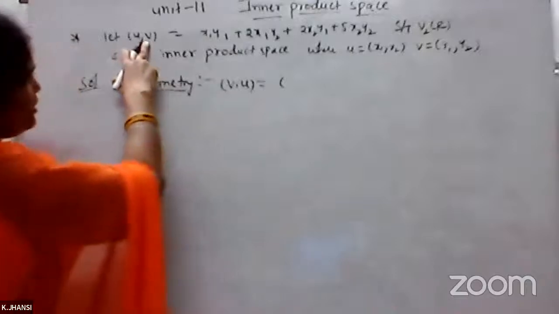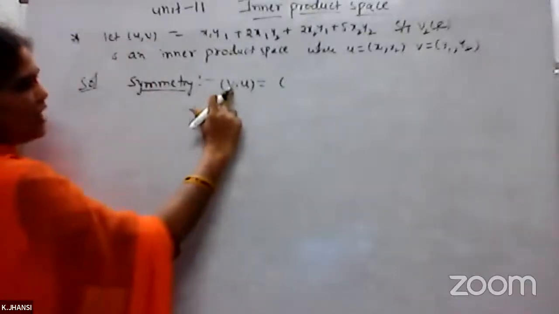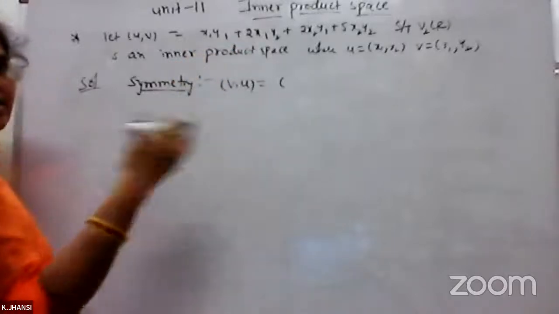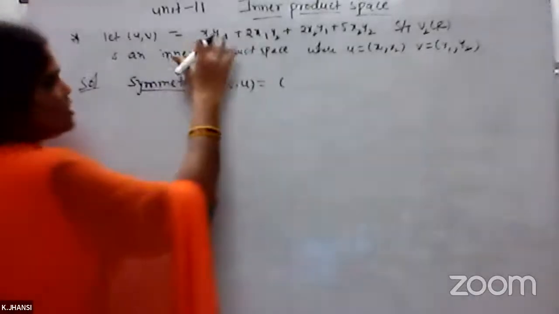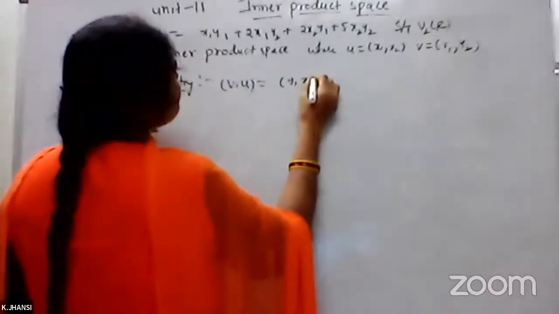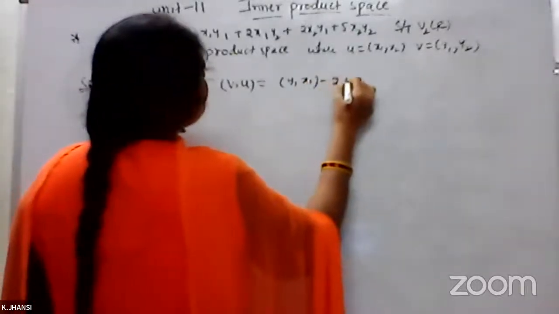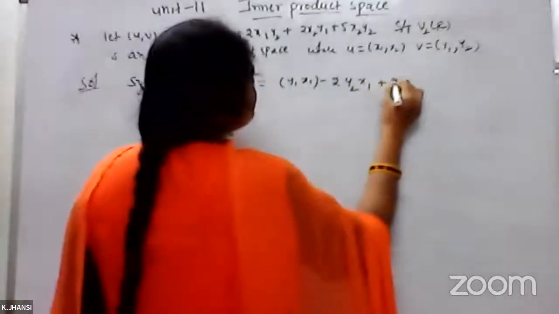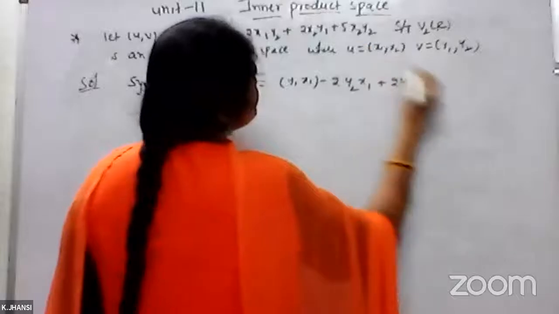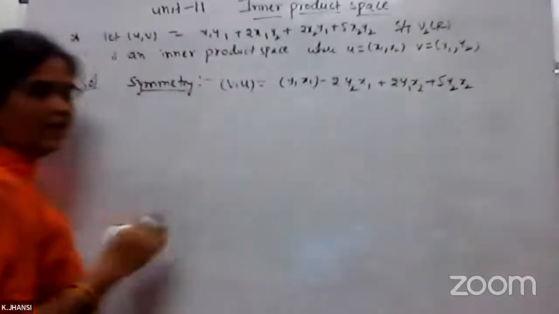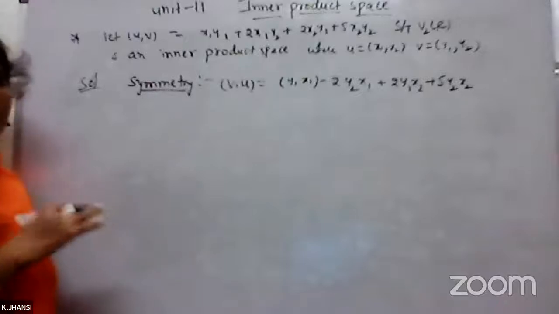In the given question, u comma v is there. Here we are taking v comma u. In the sense, whatever the v elements are there, you have to write as u elements. So here you will get y1 x1 minus 2 y2 x1 plus 2 y1 x2 plus 5 y2 x2. Just you are interchanging u as v and v as u.